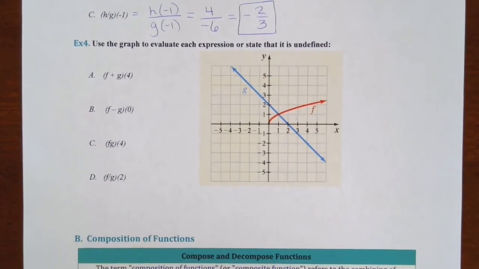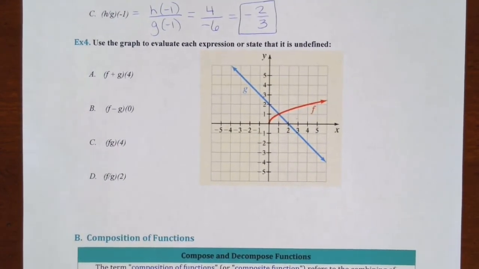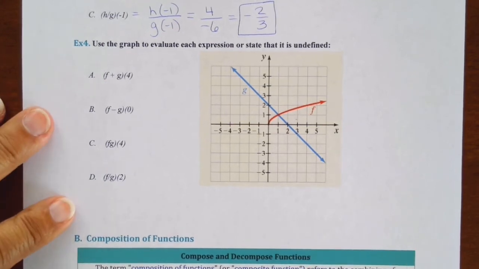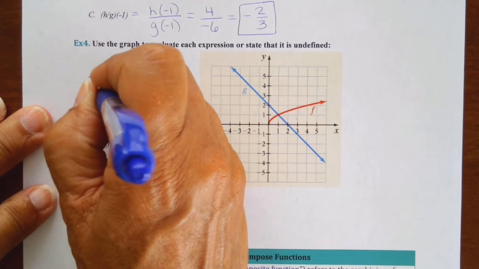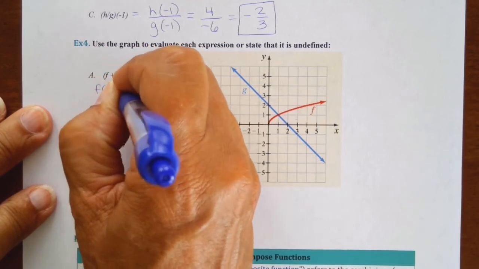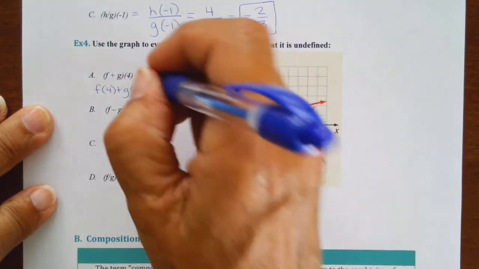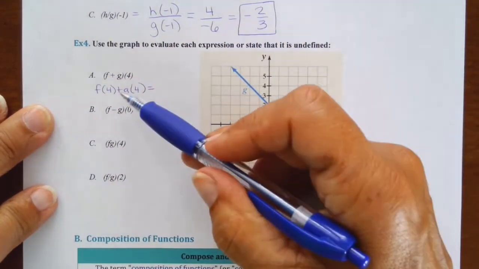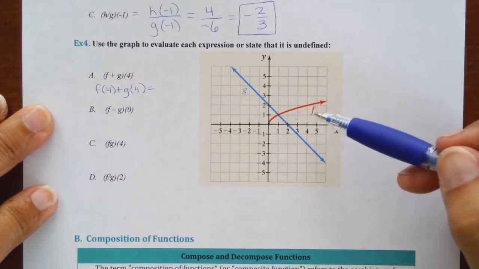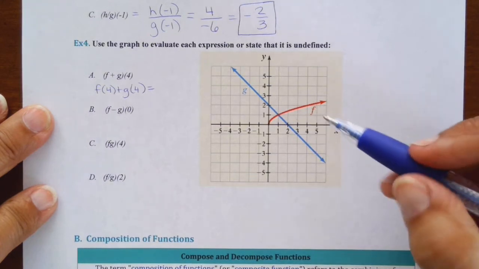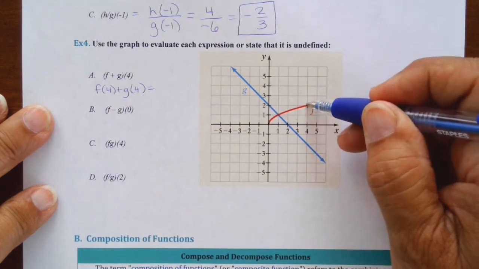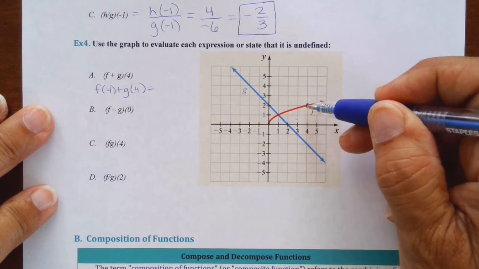All right, example 4, we're going to do the same thing, except you're going to have to pull the numbers off of a graph. Okay, so for part A, we need f of 4 plus g of 4. So remember, that means we're looking for the y values on the graph. So we're going to go to function f, which is the red line, and go to 4. So right here, we need that y value, right?